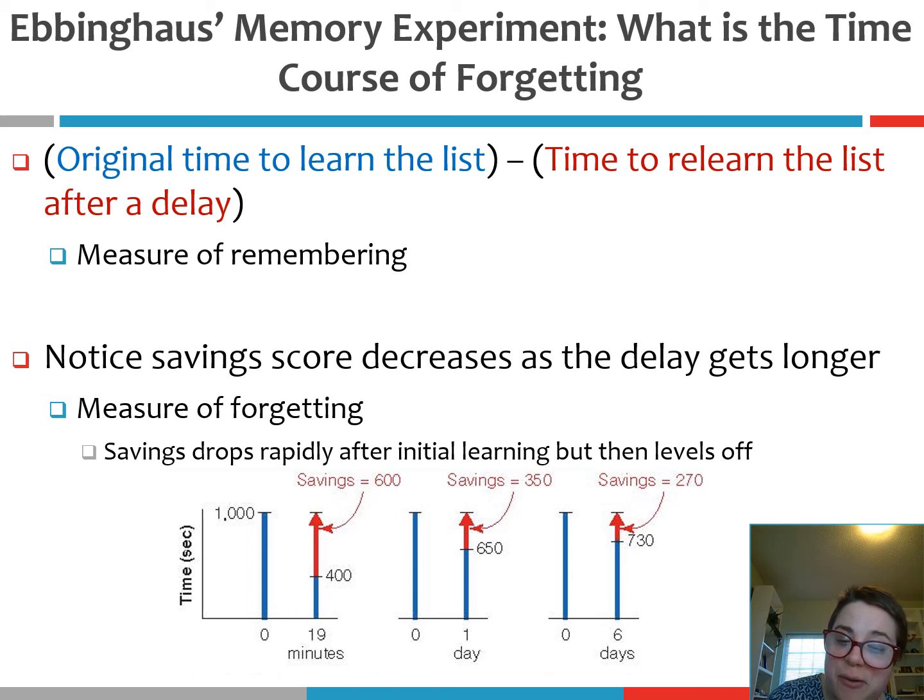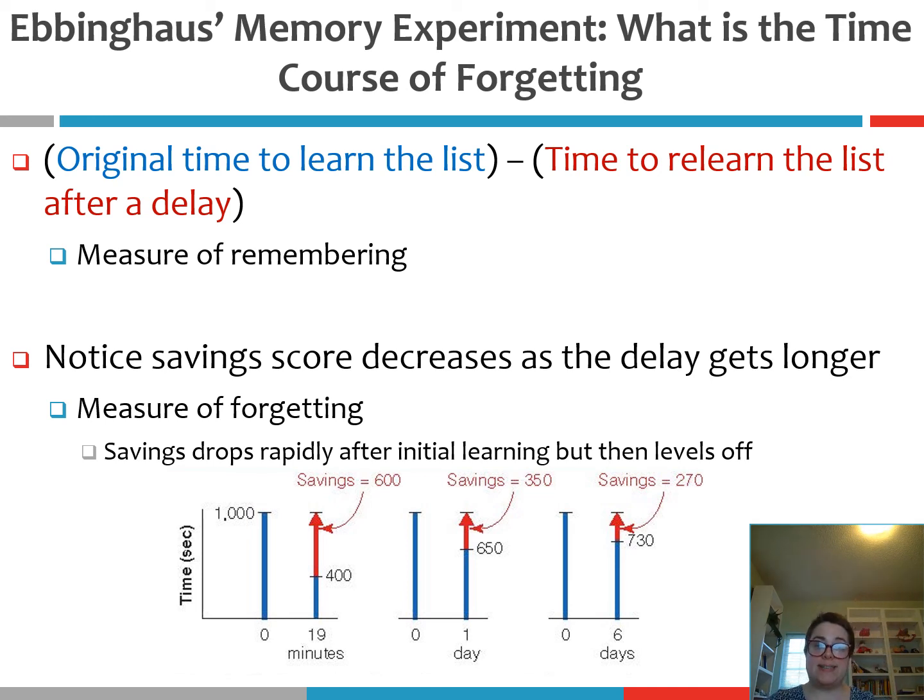So it only goes from a 350-second savings at 1 day to 270 seconds at 6 days, right? So the general pattern, if we were to plot the time course of forgetting, is that initially there's a rapid decrease in savings as the delay increases, right? But eventually that decrease in savings levels off, okay?